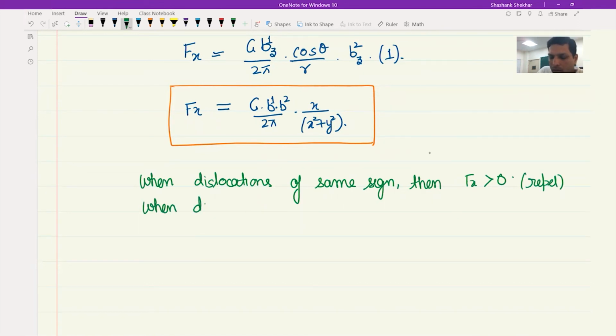When dislocations are of opposite sign, then Fx is less than 0, attract.